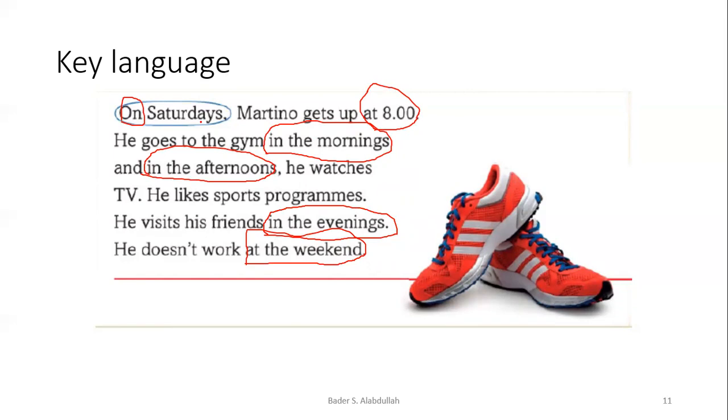Also with last, like last evening or last night, like someone had a bad dream last night. We don't say in last night. We just say last night. So when we have those time expressions, we don't need time prepositions.